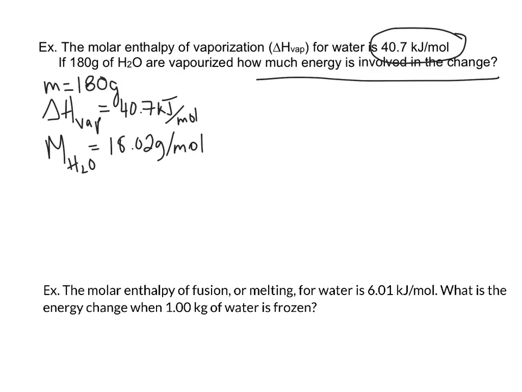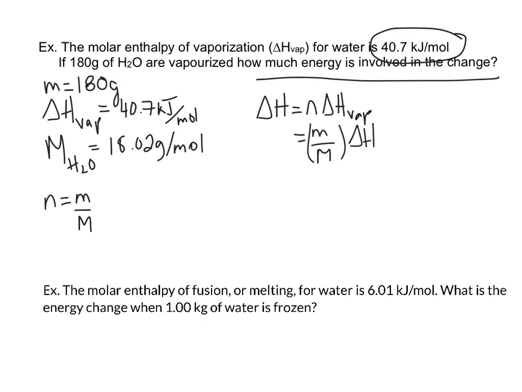Okay, so let's plug in our numbers. You can do it in one step or more than one step. Because moles is equal to mass divided by molar mass, you could either solve that first or plug it in here. Mass divided by molar mass times the molar enthalpy.